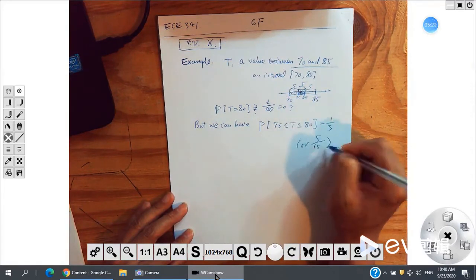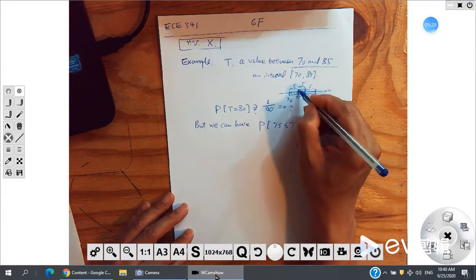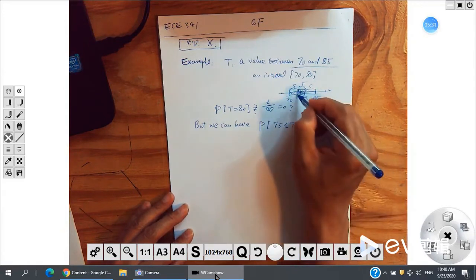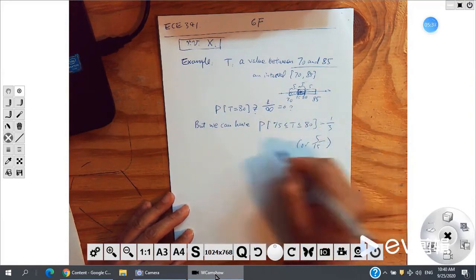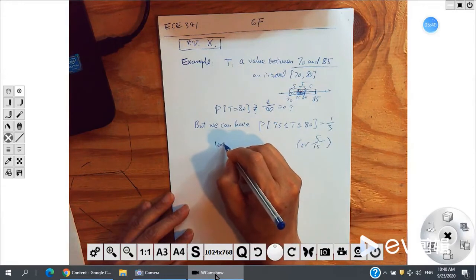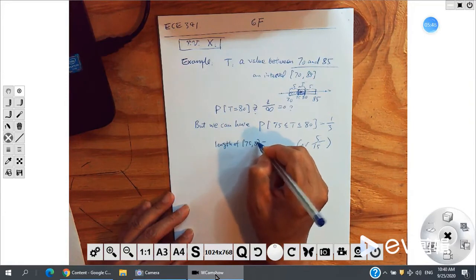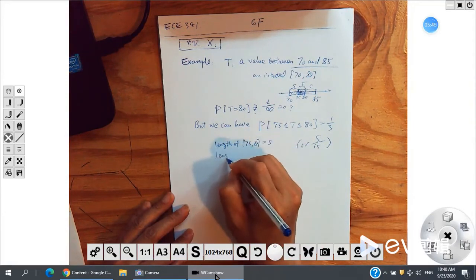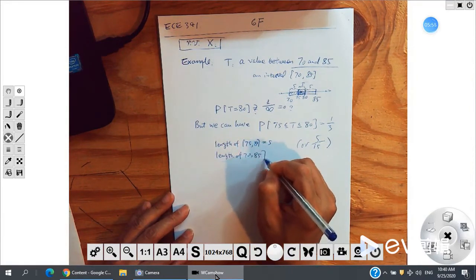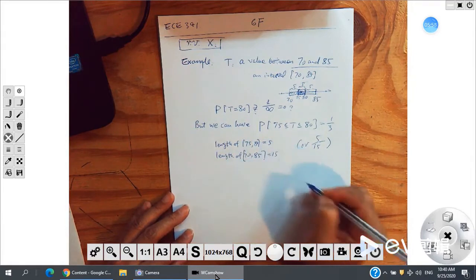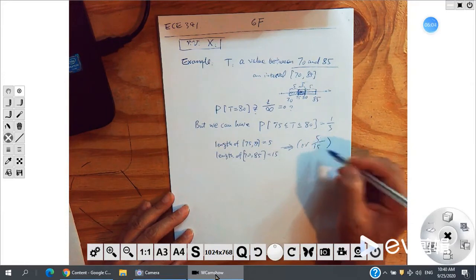You can use the length of the interval out of the total length. The length of 75 to 80 is 5, and the length of 70 to 85 is 15. Then the probability is 5 out of 15. Does this make sense?